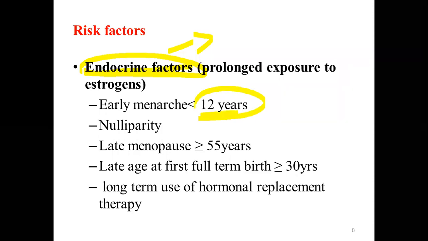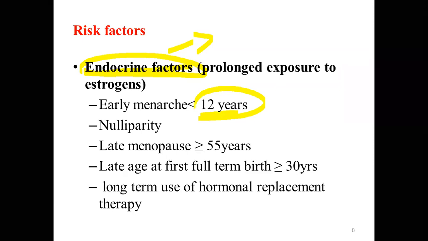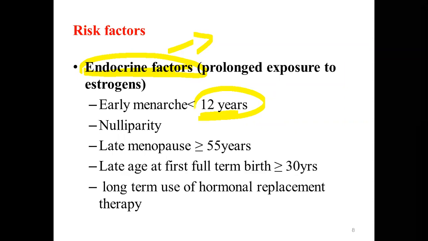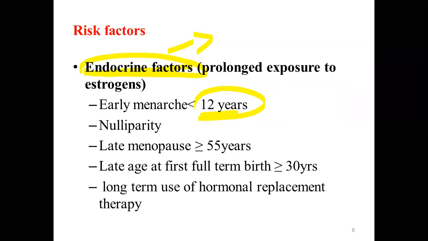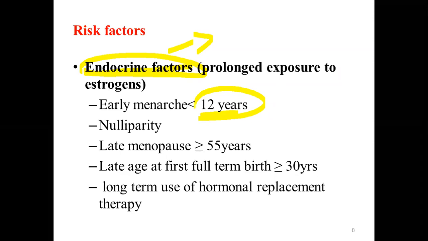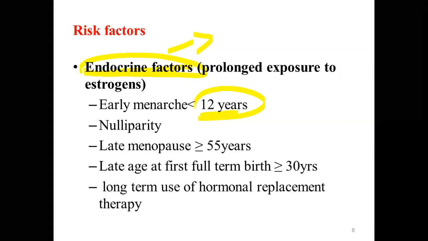The moment they start having periods, they are producing more estrogen and progesterone. So the sooner the menstrual period happens, the longer the duration of estrogen exposure. This ultimately increases the chance of having breast cancer.